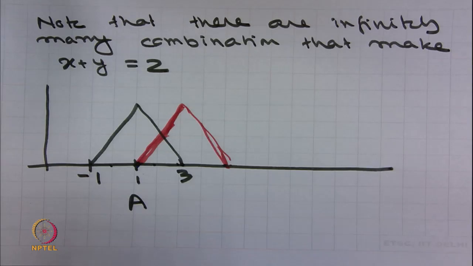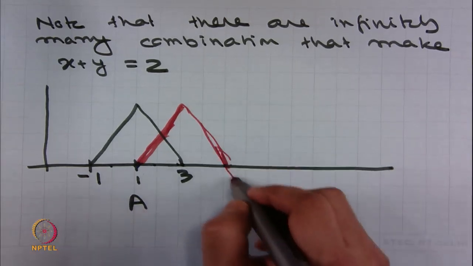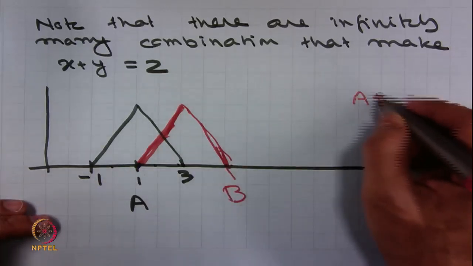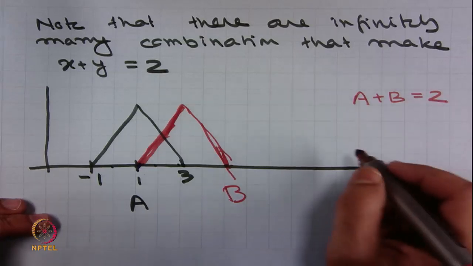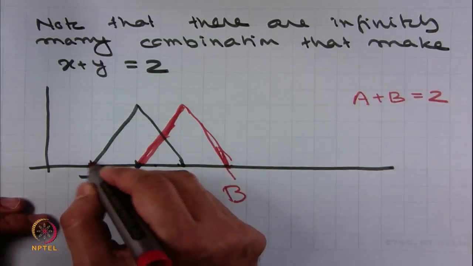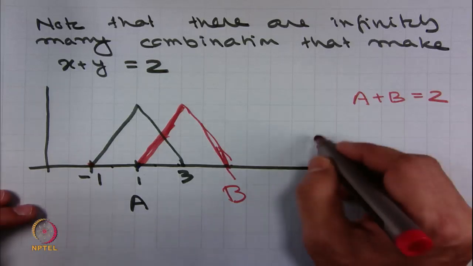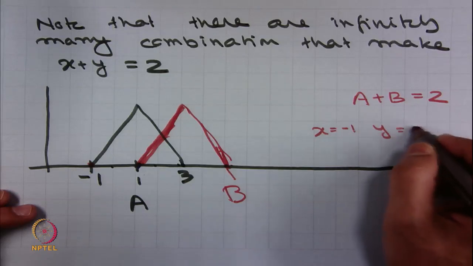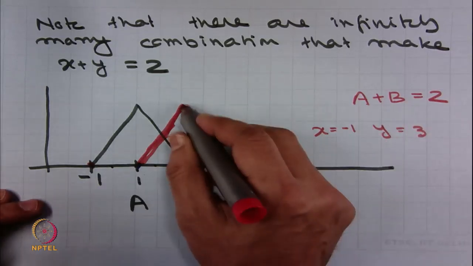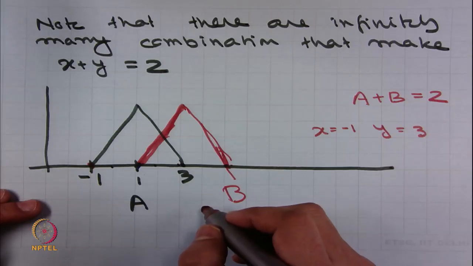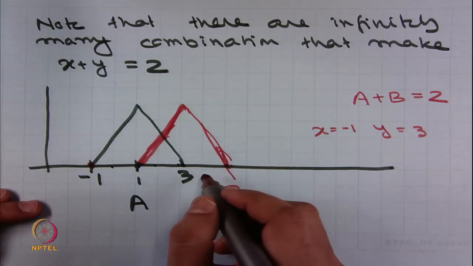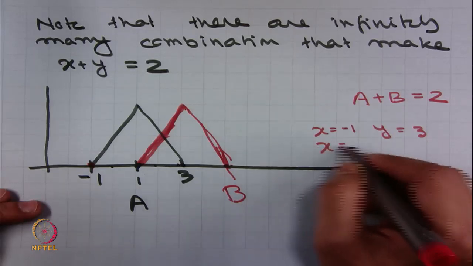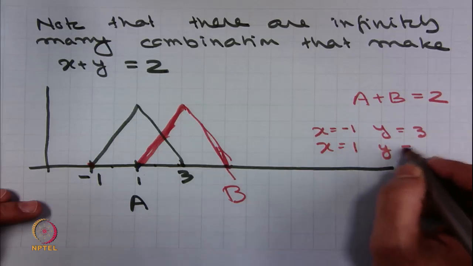Now, let us look at in how many ways we can get A plus B equal to 2. When x is equal to minus 1, y is equal to 3, it is one possibility. Another possibility is, say, x is equal to 1, y is equal to 1.